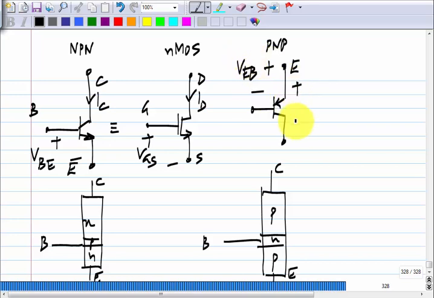So, we have VEB here and VEC. The current is primarily dependent on VEB and slightly dependent on VEC, and this is equivalent to the PMOS transistor.